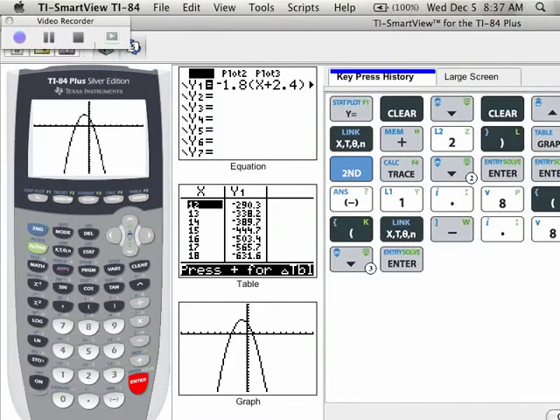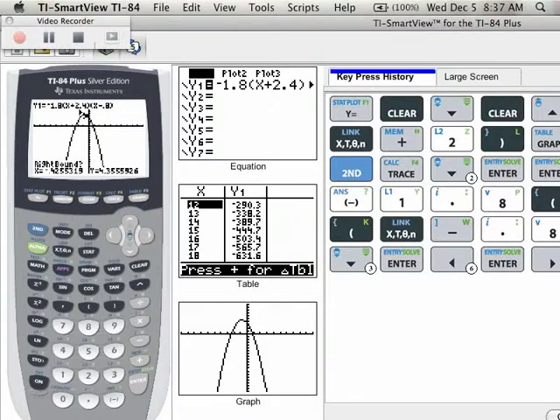I hit enter. It'll ask me for the left bound, that means take your blinker and go to the left of the mountain. So I arrow to the left, and I hit enter. Then it says go to the right of that mountain, the right bound, and I hit enter. And then it says guess, so I go to the top of the mountain, and I hit enter. And it tells me that I get negative 0.799999996, which we know is the same as negative 0.8, and that my y value is 4.608.